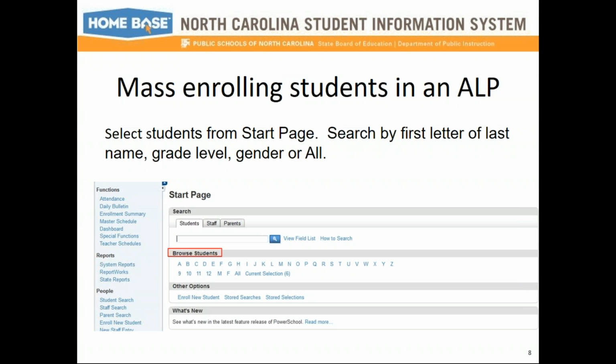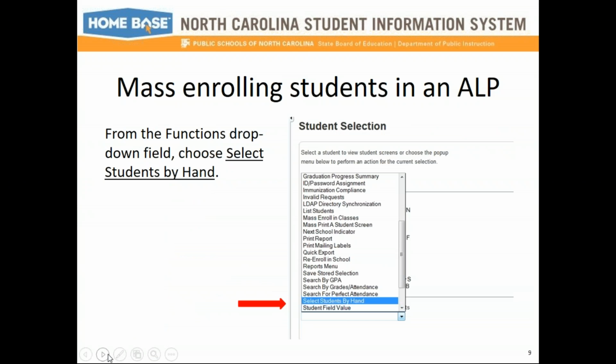We still need to go to the step of selecting students by hand. So even if we select all of our students, we're still going to use the step select students by hand. We click on that.